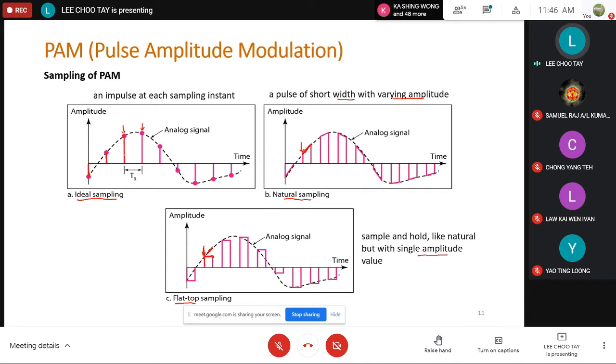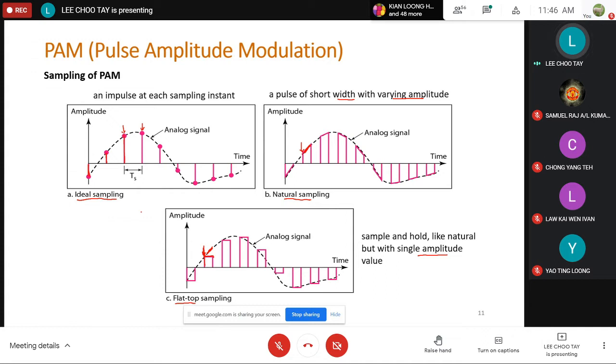In fact, generating it will also be a problem. How to generate an impulse of such a narrow width? That is actually not easy to realize in practice. So ideal sampling is seldom used.